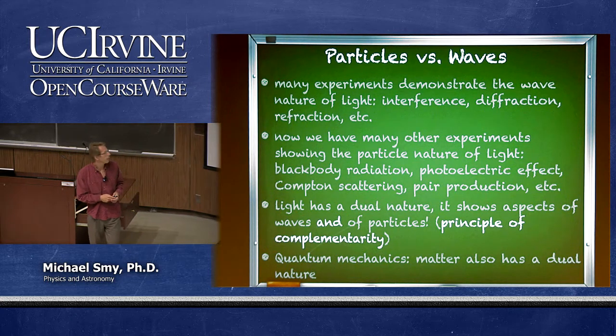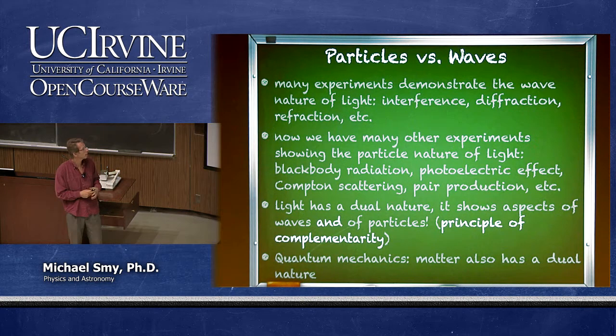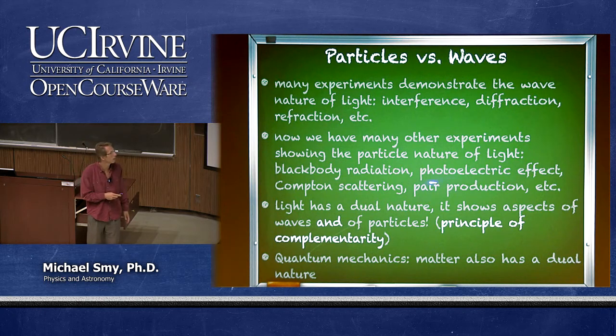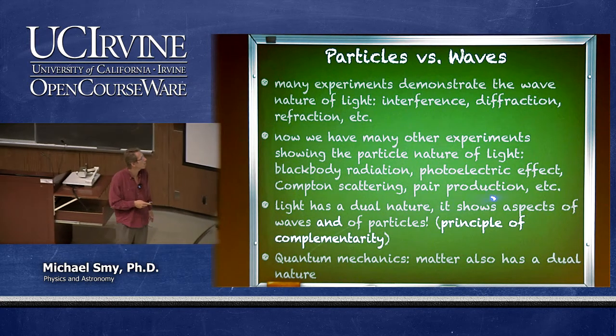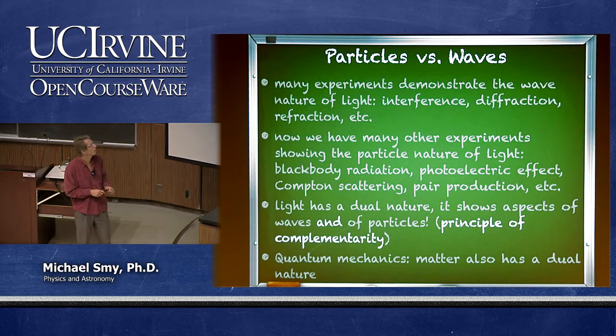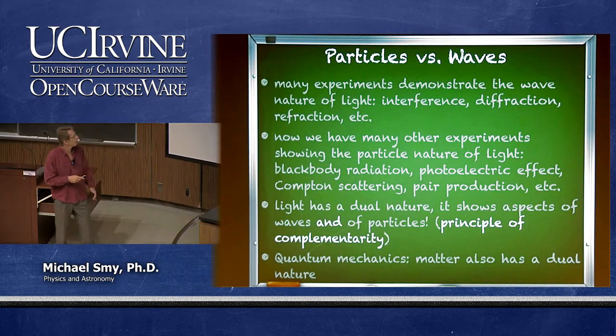However, now we have also collected an impressive list of experiments that show the particle nature of light, like blackbody radiation, the photoelectric effect, the Compton scattering, and pair production is also difficult to explain with the wave theory. So how does this fit together?